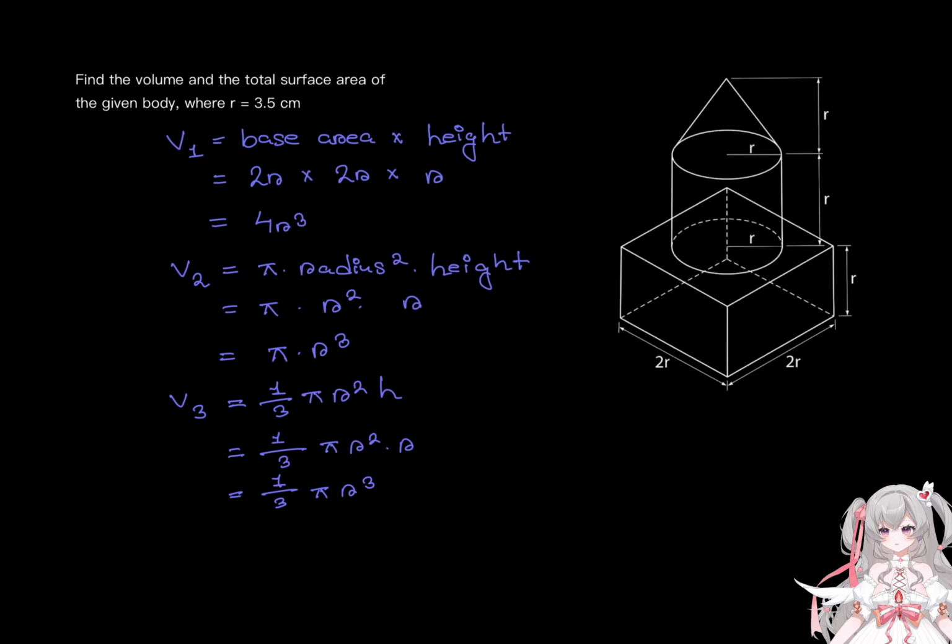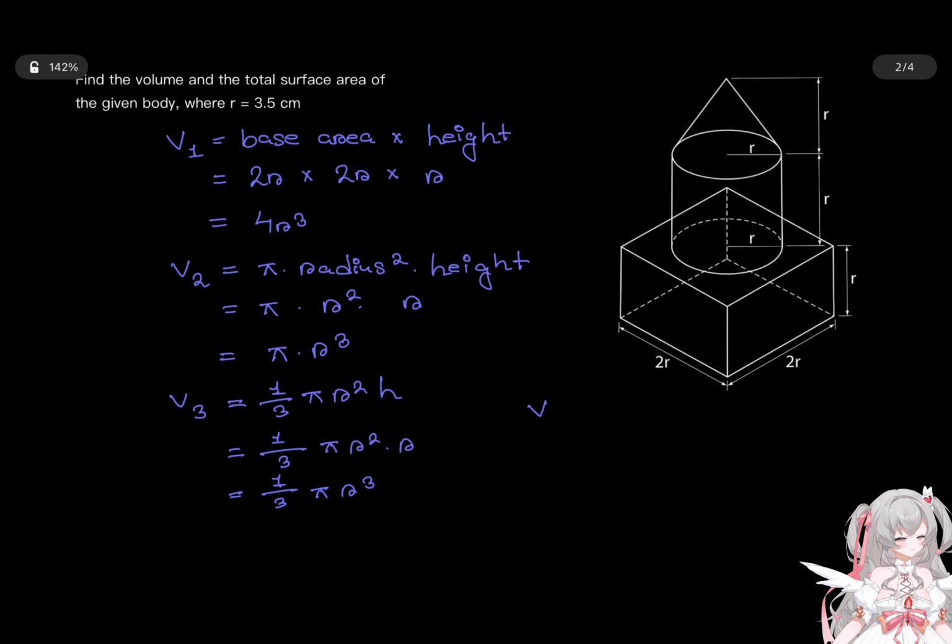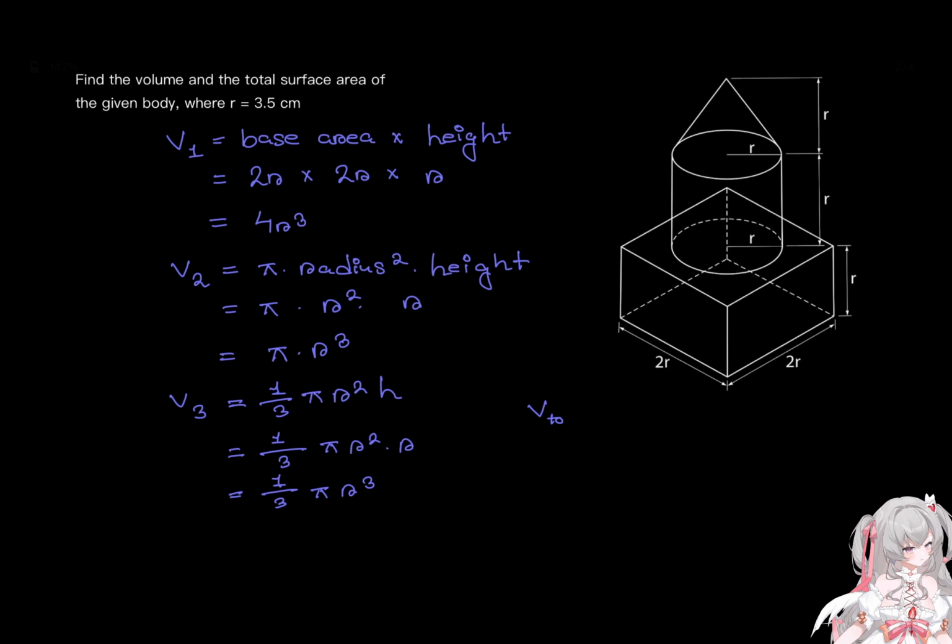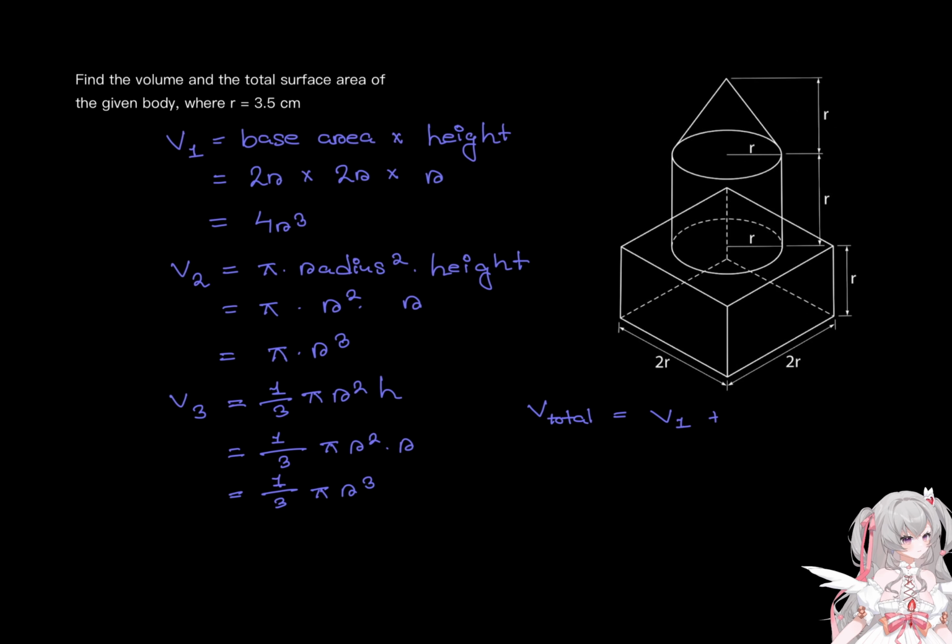Now our final step is to add up all of these values together. So the total volume is equal to volume 1 plus volume 2 plus volume 3.